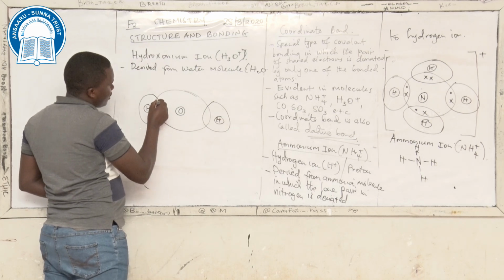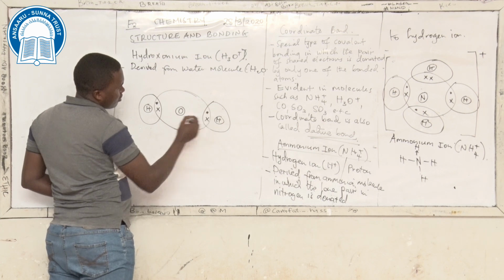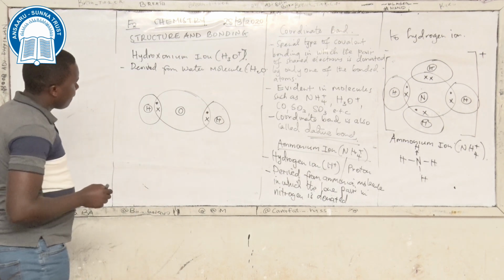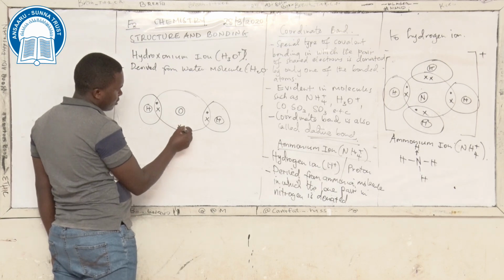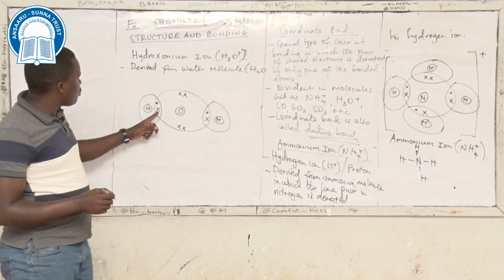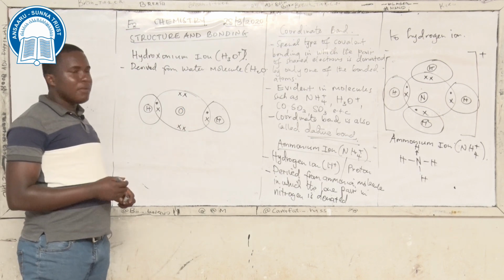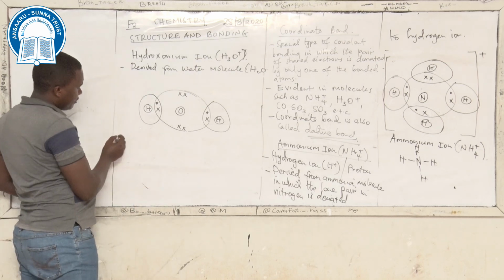So this hydrogen brings one, oxygen brings another one. The other hydrogen, oxygen brings another one. And therefore, this oxygen will have two lone pairs. Because oxygen has 6 electrons, it has used 2, so there will be 4 electrons remaining. So these two lone pairs are where a hydrogen ion can come.